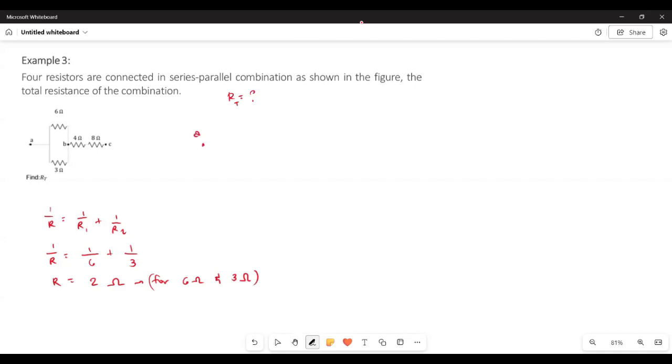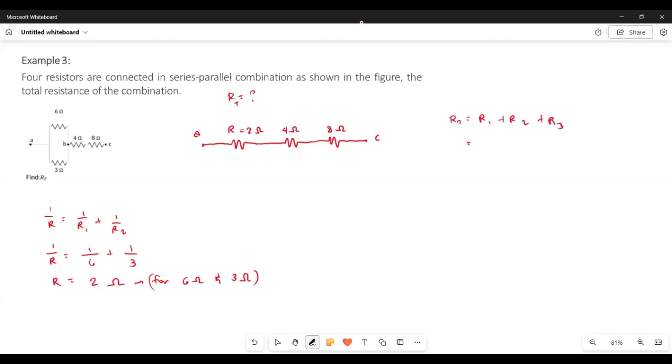Drawing lang natin ulit. So, ito yung R natin na 2 ohms. Tapos, we have 4 ohms. And then, yung last natin is 8 ohms. Ayan. So, ngayon, naka-series na tayo. So, pagdating sa series, ang total resistance natin is RT is equal to R sub 1 plus R sub 2 plus R sub 3.